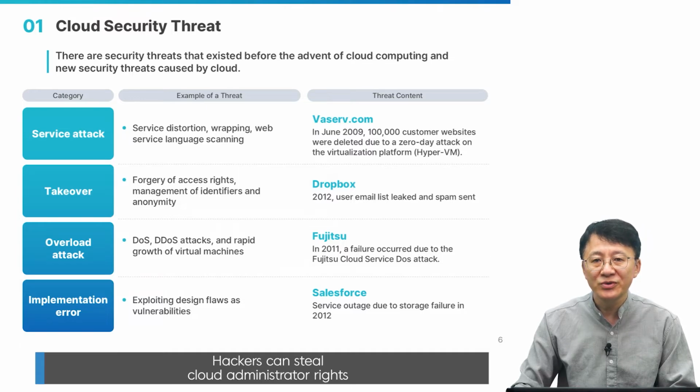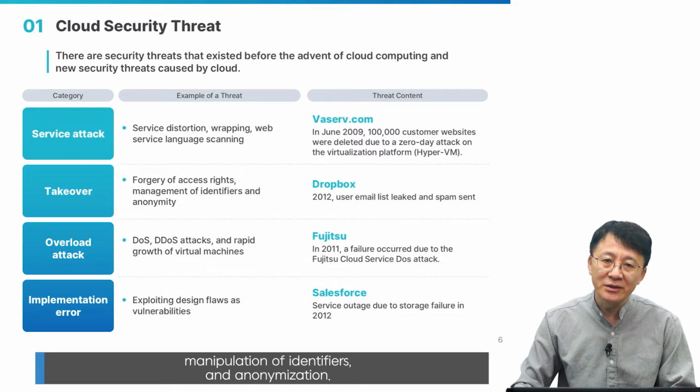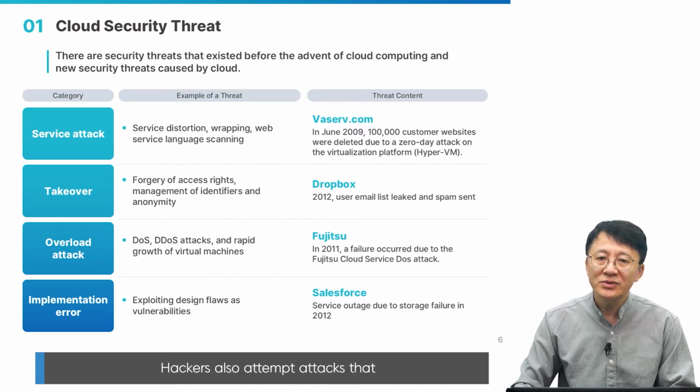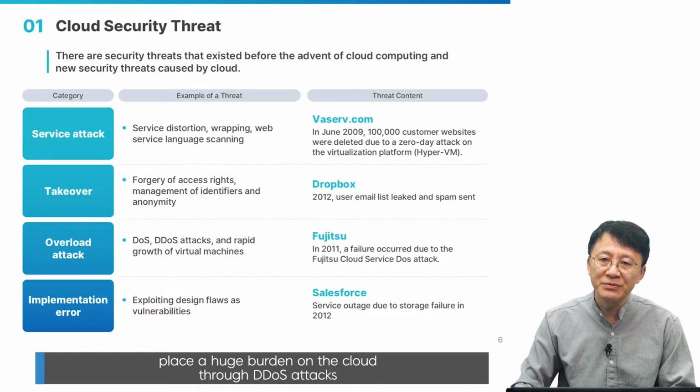Hackers can steal cloud administrator rights and tamper with or leak data through forgery of access rights, manipulation of identifiers, and anonymization. Hackers also attempt attacks that place a huge burden on the cloud through DDoS attack or rapid creation of virtual machines. There are also security weaknesses due to errors in the cloud design or implementation process.